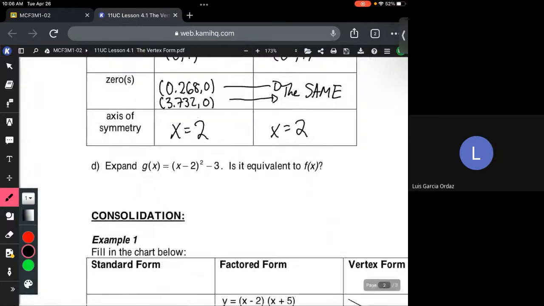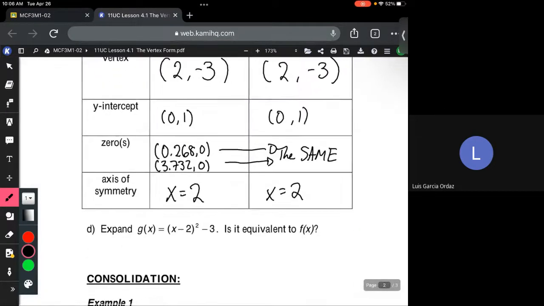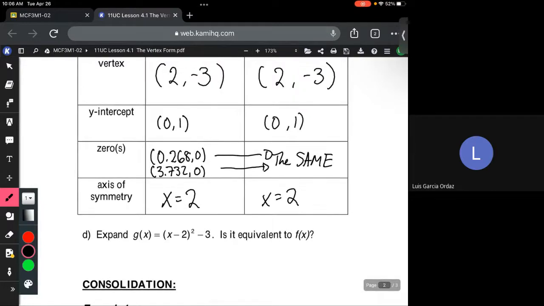Okay. So what we want to do next is we want to expand our g of x, which is x minus 2 squared minus 3. So when I say expand, what does that mean? Olivia? Distribute. So if I have x minus 2 squared, how many of those brackets do I have? 2.